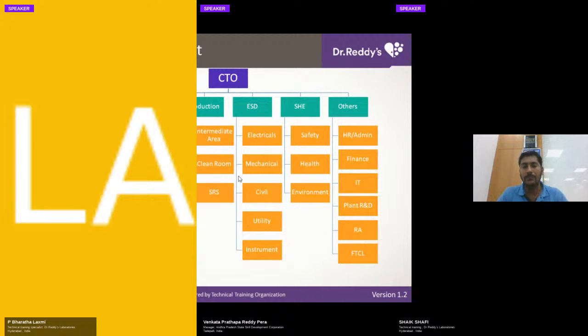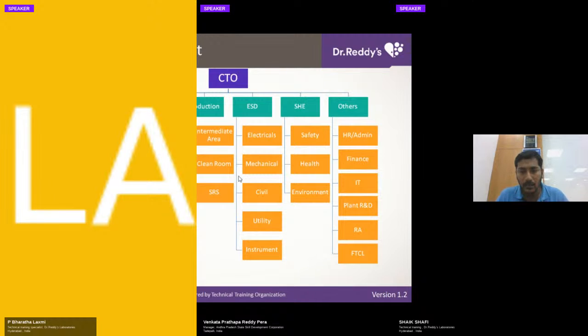Then instrumentation. Instrumentation means this is the system we are using for digital displays. So these people are responsible for instrumentation. Again, coming to safety, I told there are three different things in that safety. One is safety, so basically people safety and the process safety.